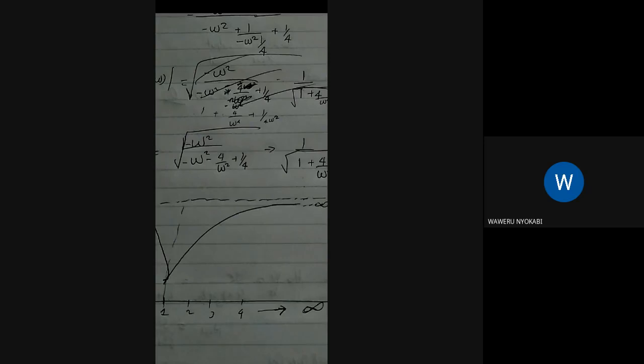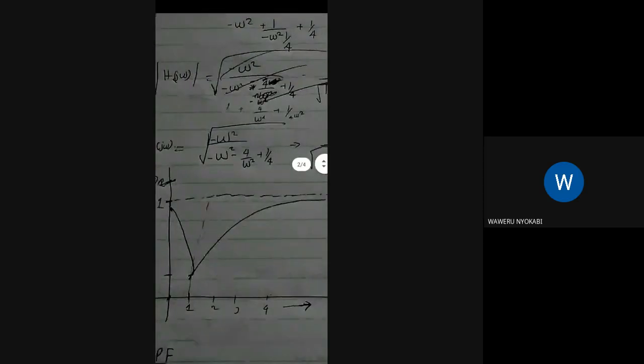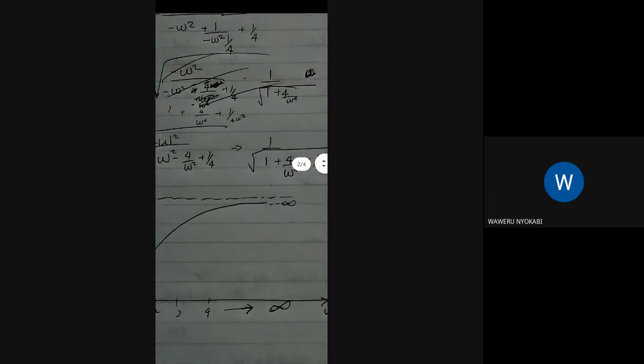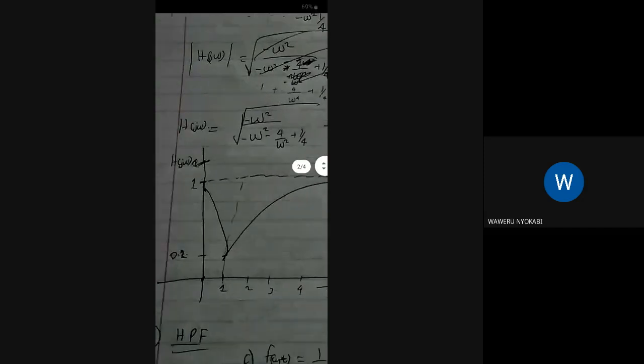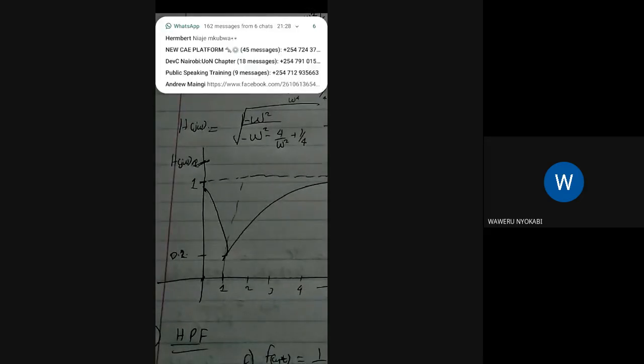As you go towards 1, it's killing off the HJW, but as you increase towards 4, it's allowing the HJW to pass. So that's what a high pass filter does. It kills off the low frequency values.